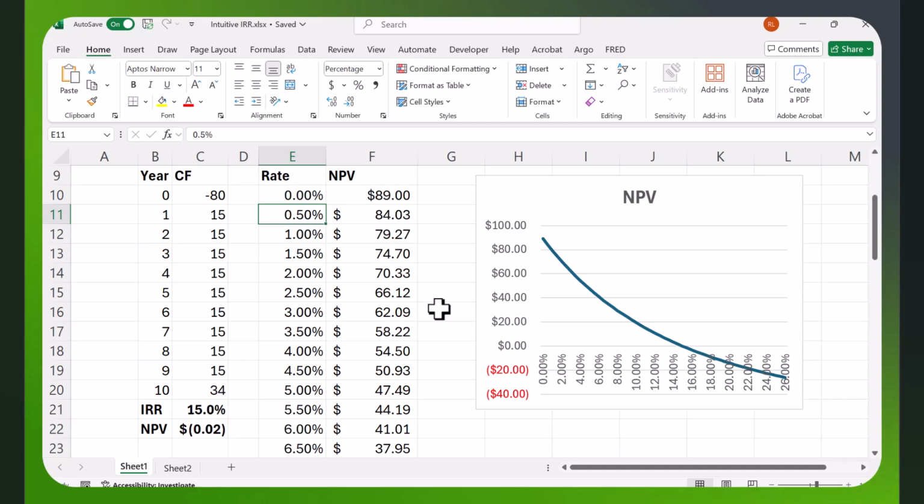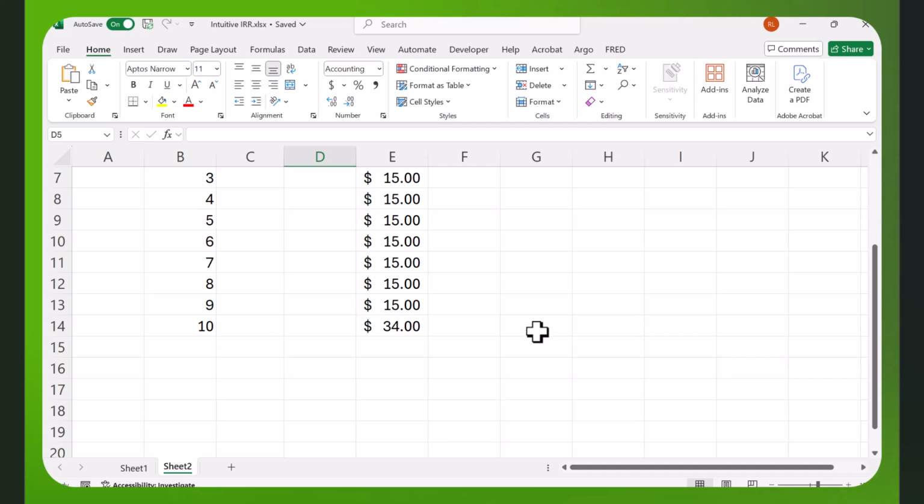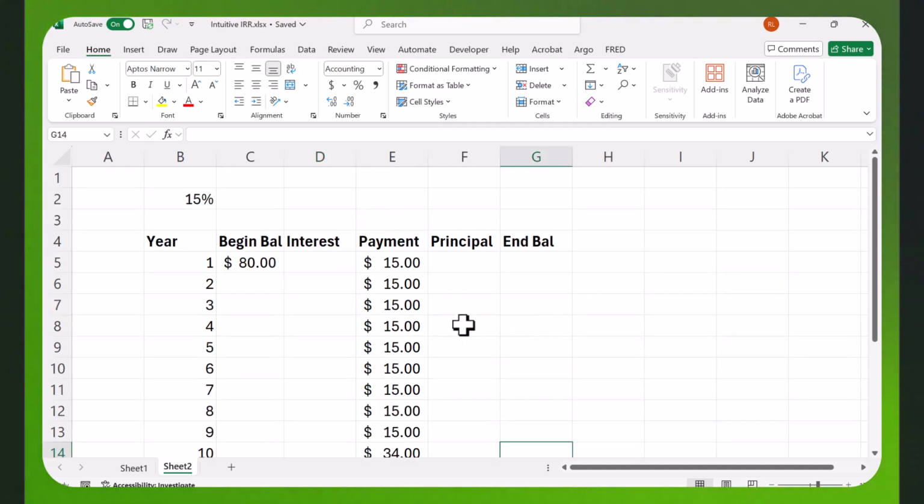I want to give you a little different perspective. You can think of IRR as the rate that an amortizing loan will be paid off in that final period. So here I have the same beginning balance.